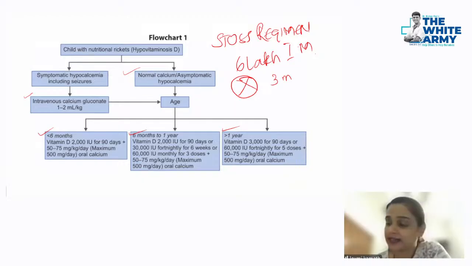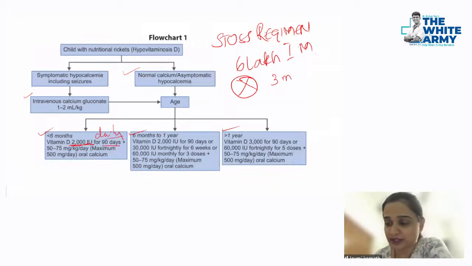Okay. Then the new guidelines tell that you have to give a lower dose daily for a longer time. Rather than giving one large dose, which has good chances of causing toxicity, hypercalcemia and related problems, it is better to stick to a lower dose of vitamin D given daily for 3 months.